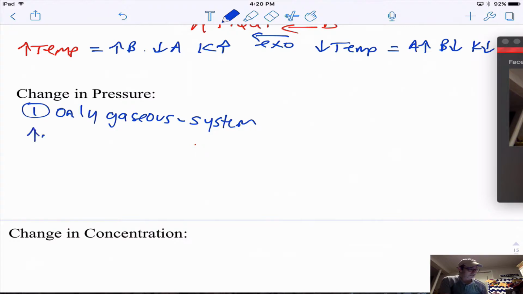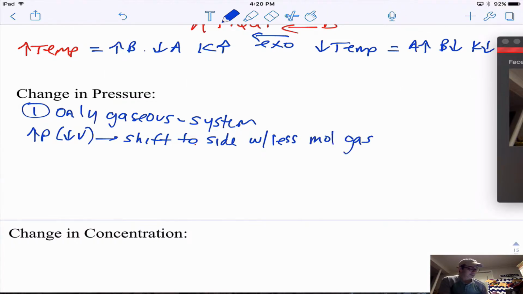If you increase the pressure, which is a decrease in volume, this will cause a shift to the side with less moles of gas. If you decrease pressure, which is increasing volume, you will shift to the side with more moles of gas.